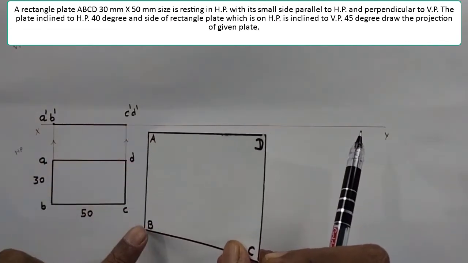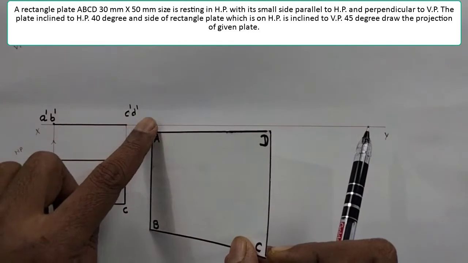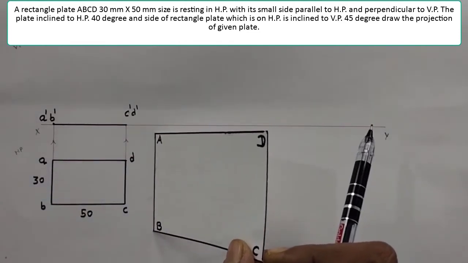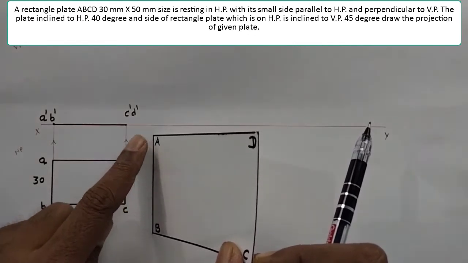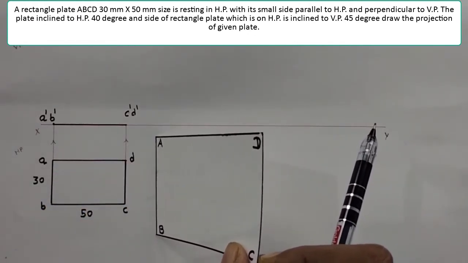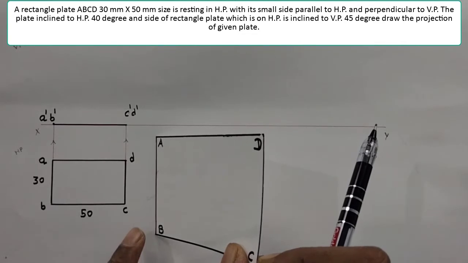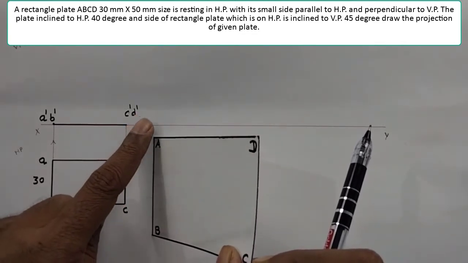With one side of the rectangle, AB side, when your plate is inclined to HP, your side AB is on HP. So the elevation of AB is on the XY line.